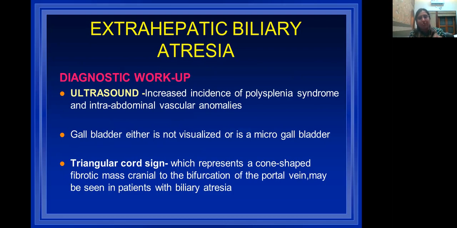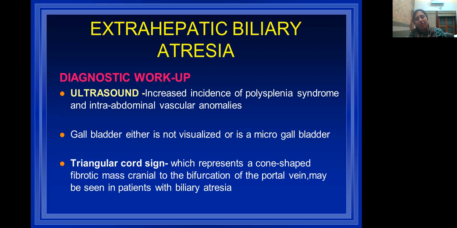The actual point of deformity also helps us to note whether it is only the biliary tree or the entire hepatobiliary system. So what is going on with the liver, whether there is any onset of cirrhosis or any hepatocyte injury. And it also helps us to know about the other syndromes and other deformities that might be present along with embryonic onset extrahepatic biliary atresia.